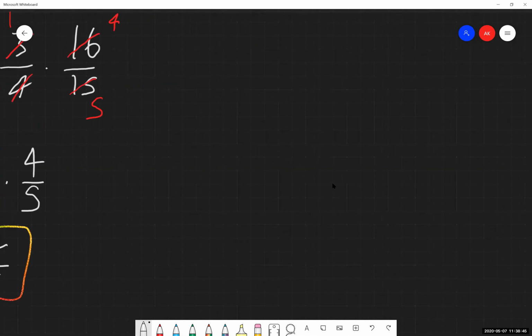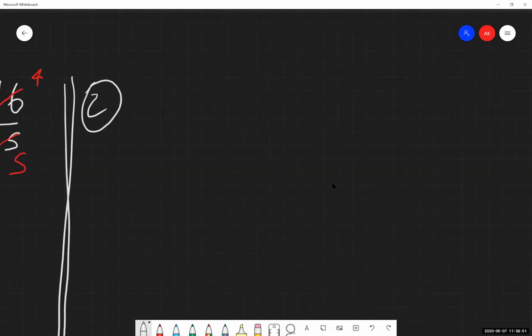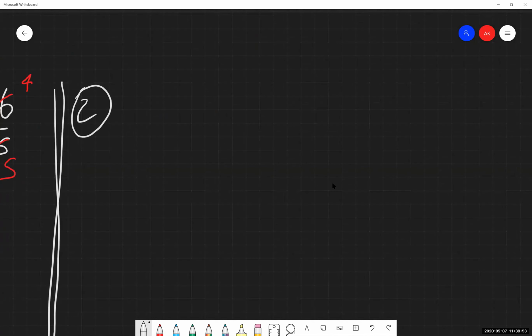I'm going to take a look at our second example that we had with that. So we have 18 over 5 times 25 over 3. So again, I'm using cross cancellation here.